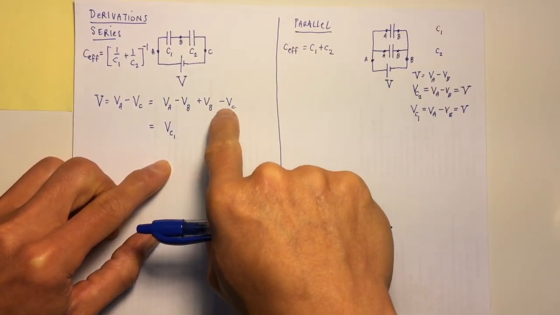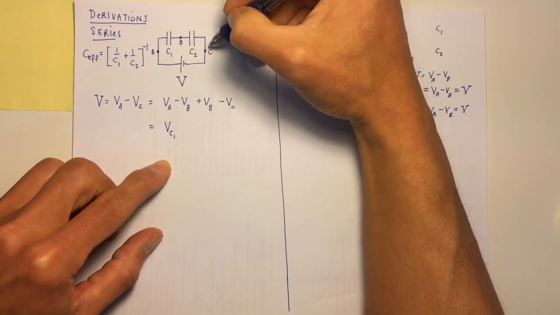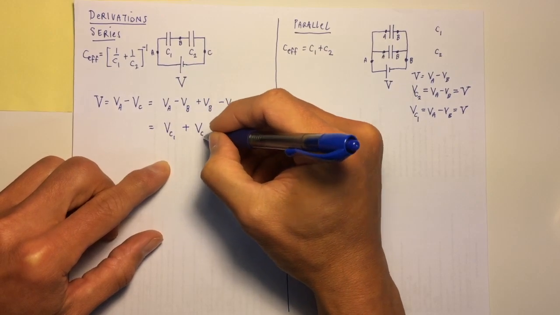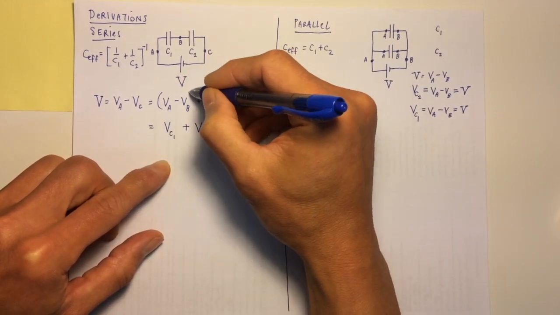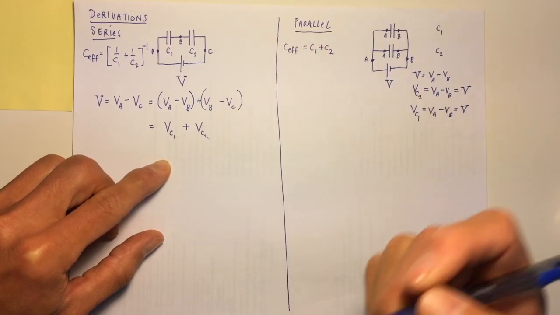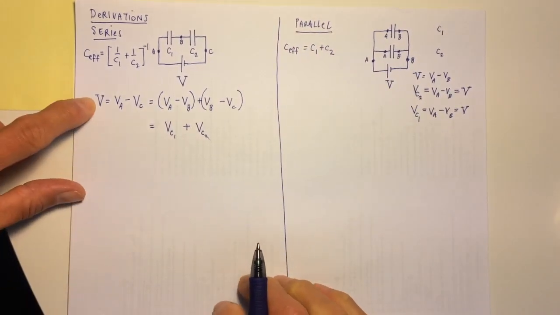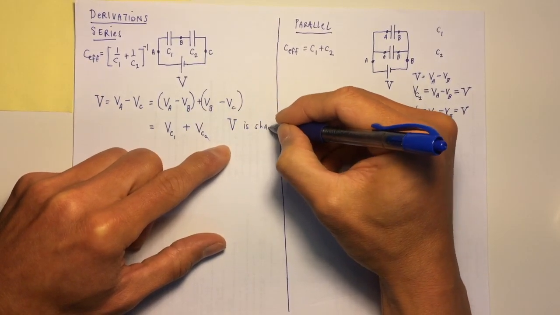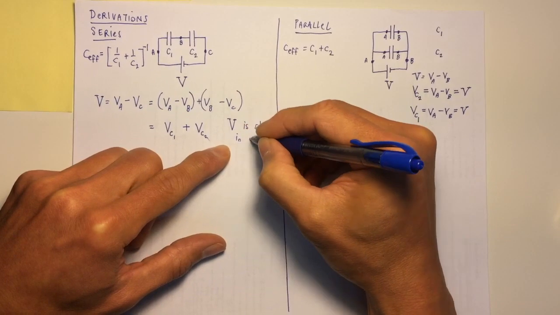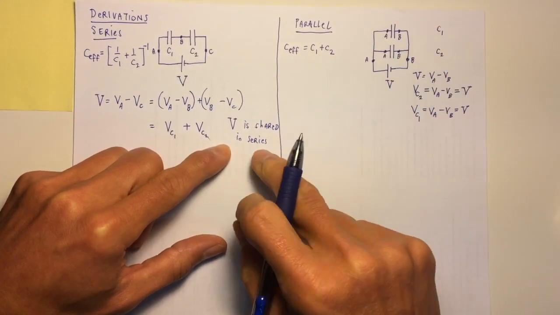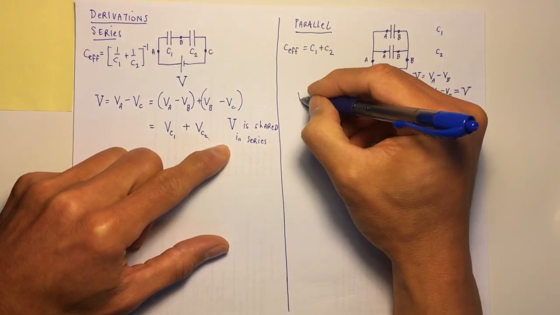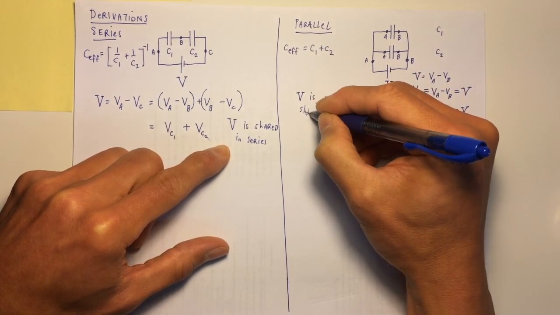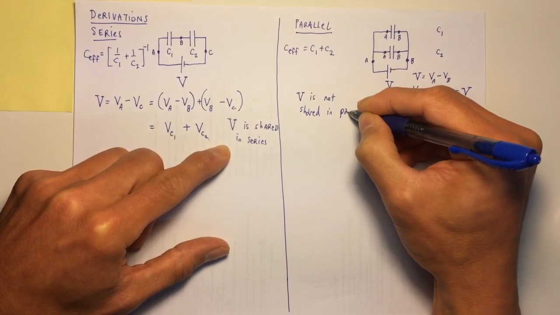VB minus VC is the potential difference across C2. If you group them together, the battery voltage is shared in series. The battery voltage is not shared in parallel.